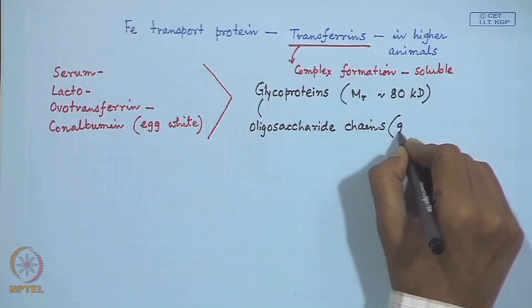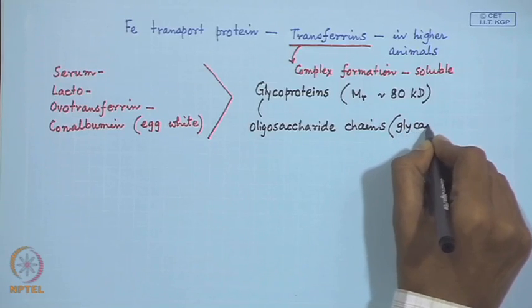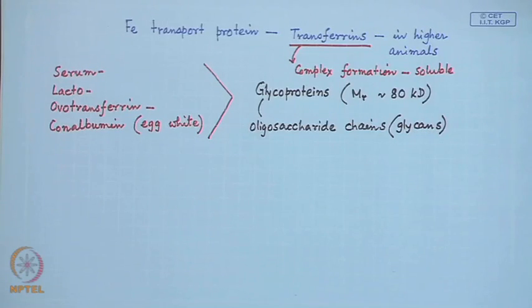Which are also known as glycans. Greek oligos means few.